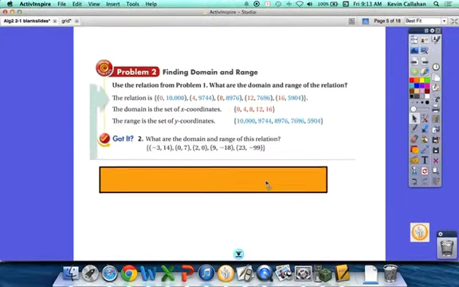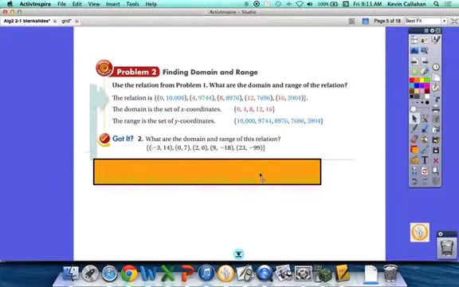So what would you say is the domain of that one? Okay, so the x coordinates: -3, 0, 2, 9, 23. Domain: -3, 0, 2, 9, 23.